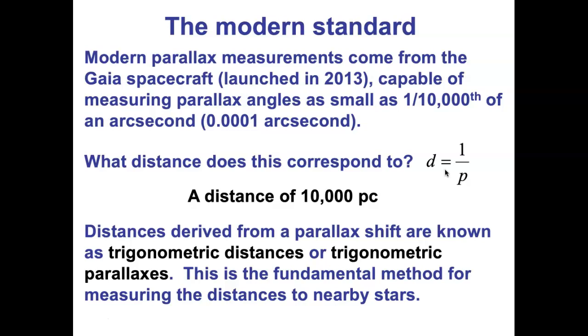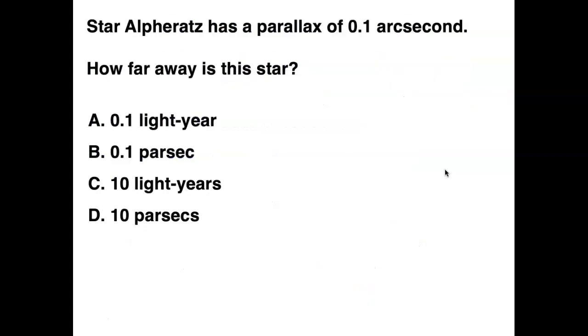Now we can look at a star and ask, what's its parallax angle? Okay, calculate the distance. For example, let's do a bit of practice here. If you've got a star like Alpheratz, and that star has a parallax angle of 0.1 arcseconds, what's the distance to that star?